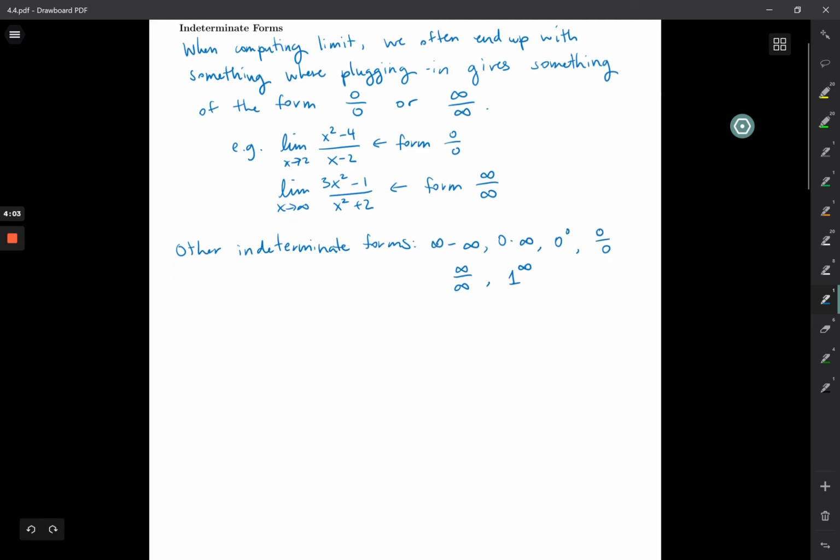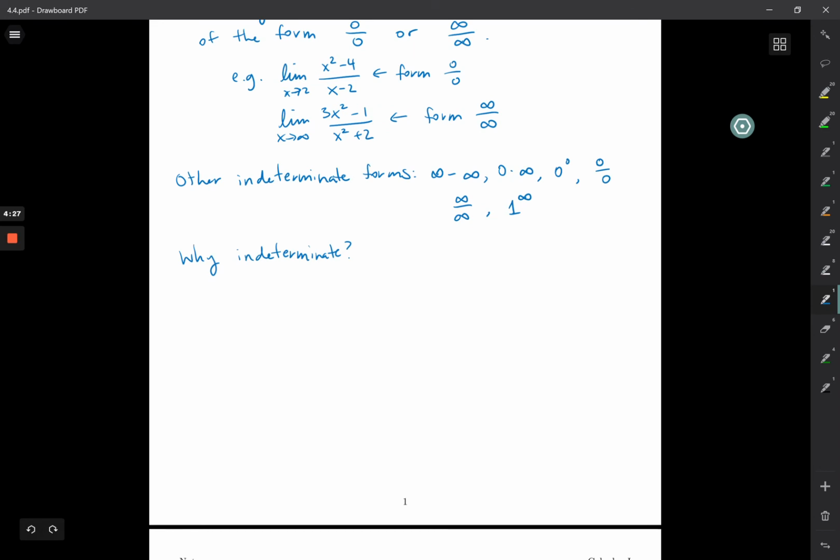And the reason why we call these indeterminate forms is because we can produce any number of answers for this type of limit. So I'll show you an example where changing the function just a little bit will really change the limit of the function.